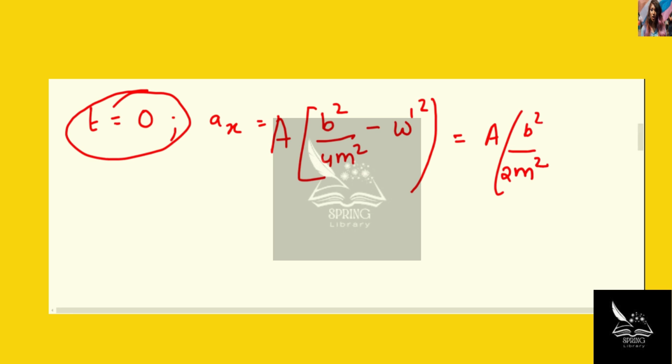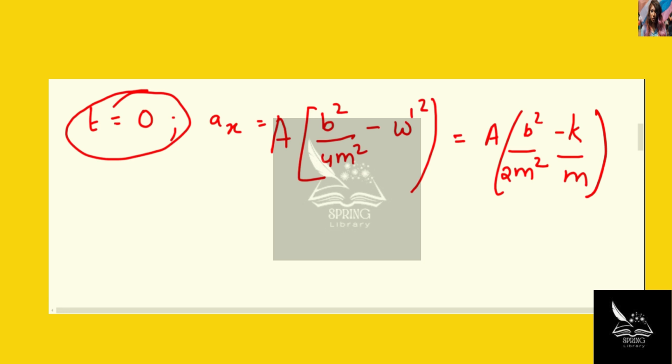Okay. So in this case, you have to take the case of t equal to 0. That is what we are requiring. So a_x will be A into b squared upon 4m squared minus omega dash squared, and that is equal to A into b squared upon 2m squared minus k upon m.